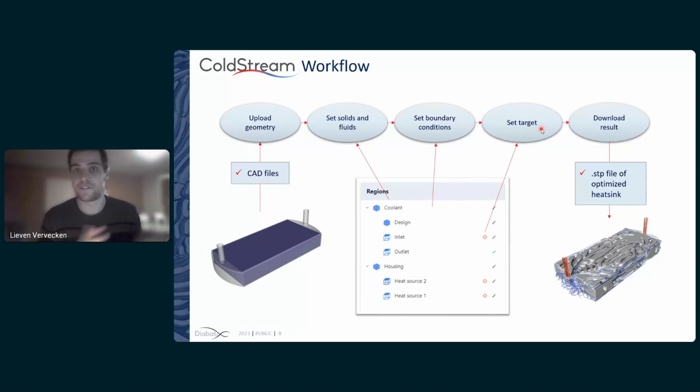And typically, you can have a mix of different targets to suit what you want to get out of it. And that's it. Once you provide all of those details, the generative design software will then take over and start computing for you. And once it's ready, you can download the results, analyze them, and see what works for you.